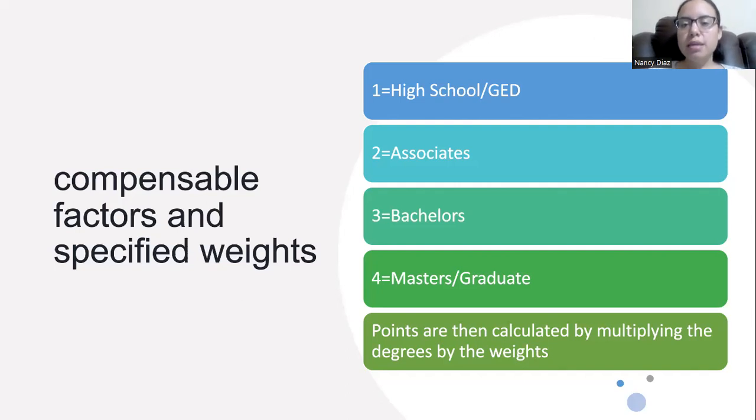For my case study specifically, I found that most of these positions only required high school, associate's and bachelor's. I did not calculate that any of them required a master's or graduate degree because, in my opinion, master's and graduate degrees require these positions to have further training other than the basics from university.